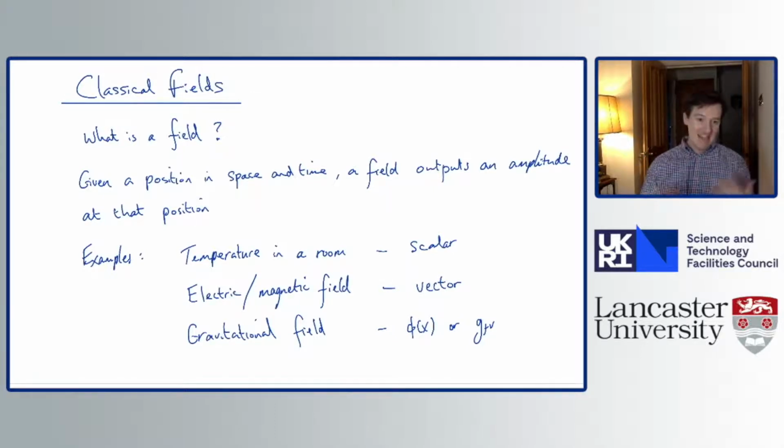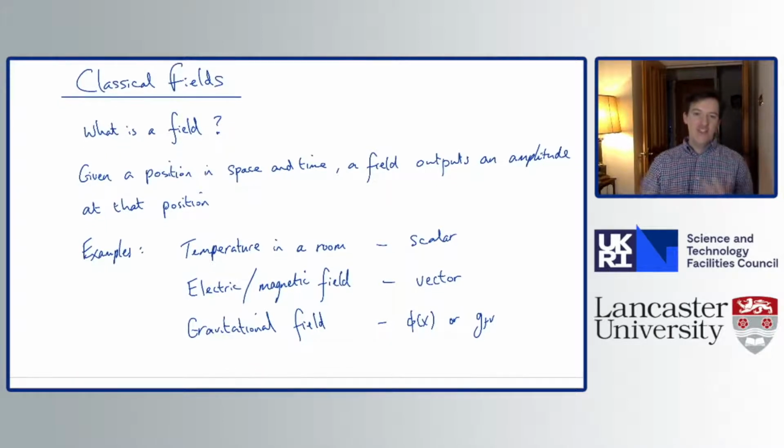So those are all examples of fields, and of course fields are not usually static. They can change. The temperature can change as you walk across the room, and it can also change as a function of time. It's usually going to be colder at night than during the day.